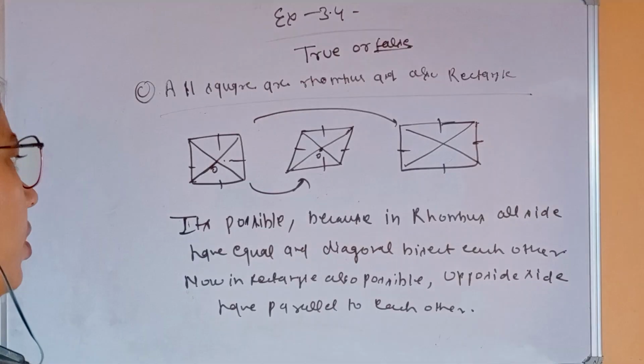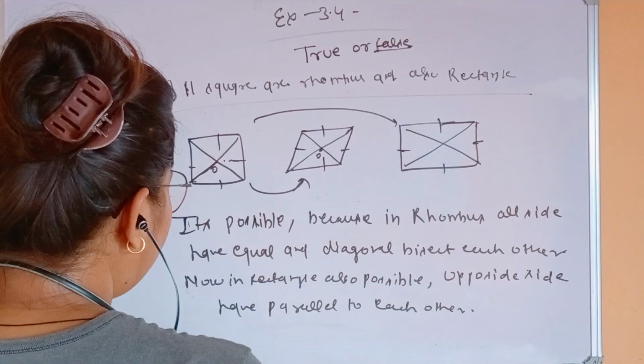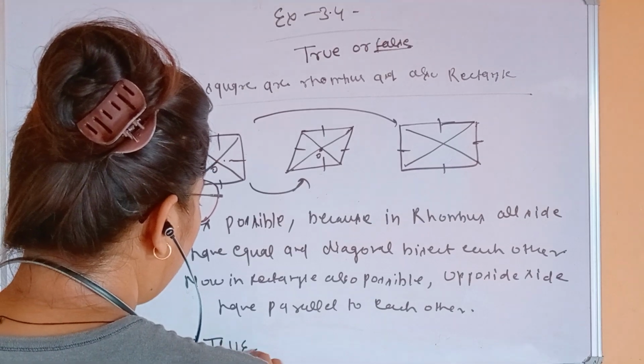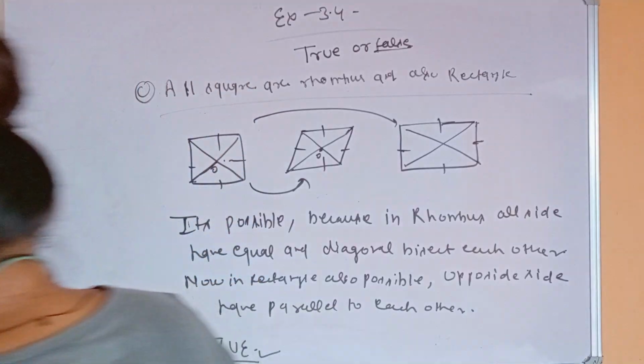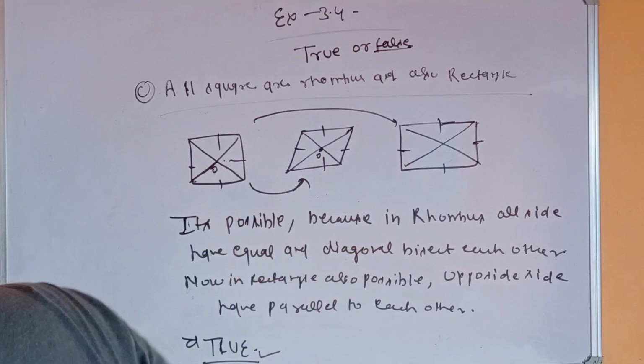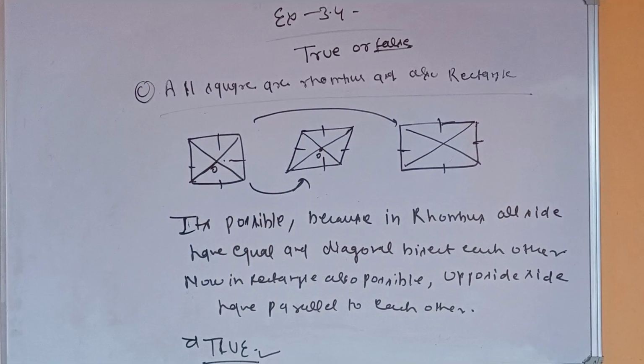So that means the statement is true. It doesn't matter, you understand, you draw the figure in your copy and write only the reason. First you write, then I finish this class.